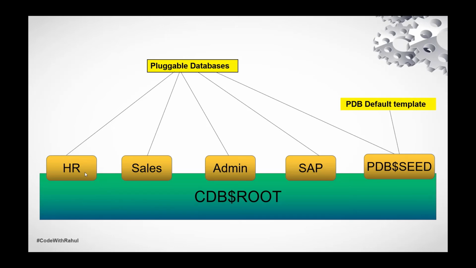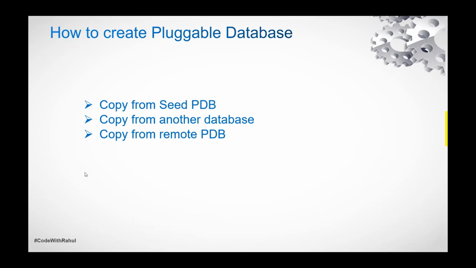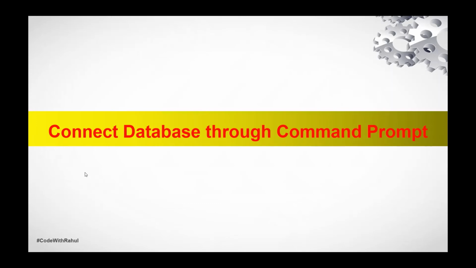So this is the high-level concept for CDB, non-CDB, and PDB. There are various ways we can create a pluggable database: we can copy from the seed PDB, from another database, or from a remote PDB, right?